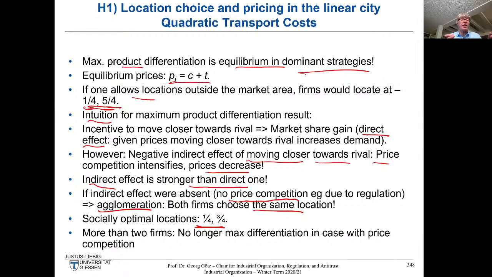What is perhaps also interesting, and I can relate to my own research here, I published a paper in the International Journal of Industrial Organization in 2005, where I accounted for more than 2 firms, I think up to 5 even. If you have more than 2 firms, you no longer have maximum product differentiation, even if you have price competition.